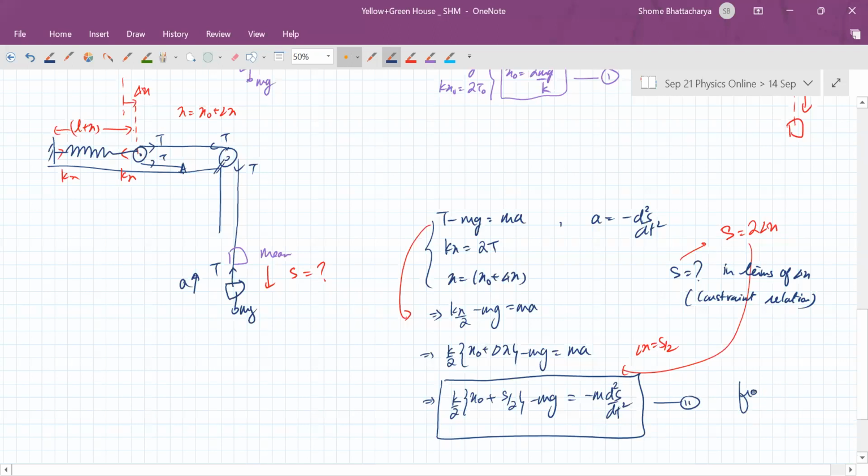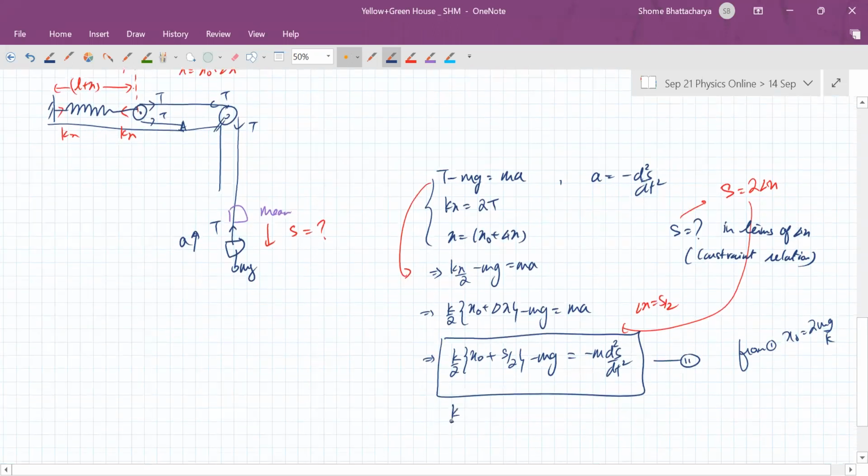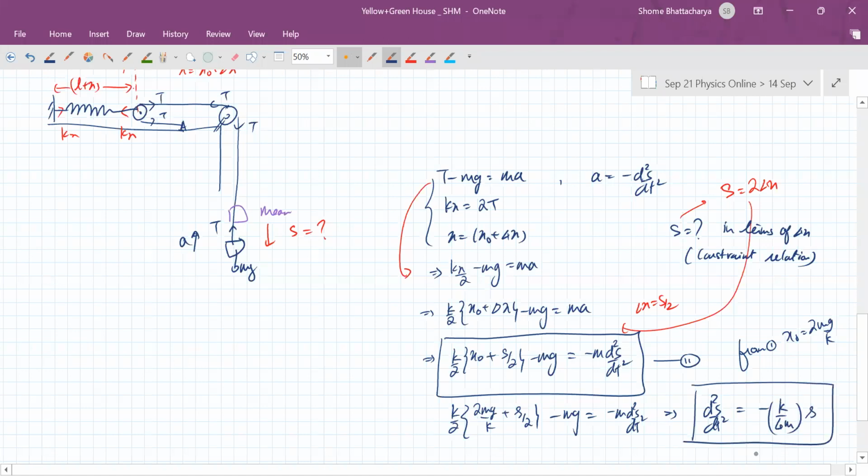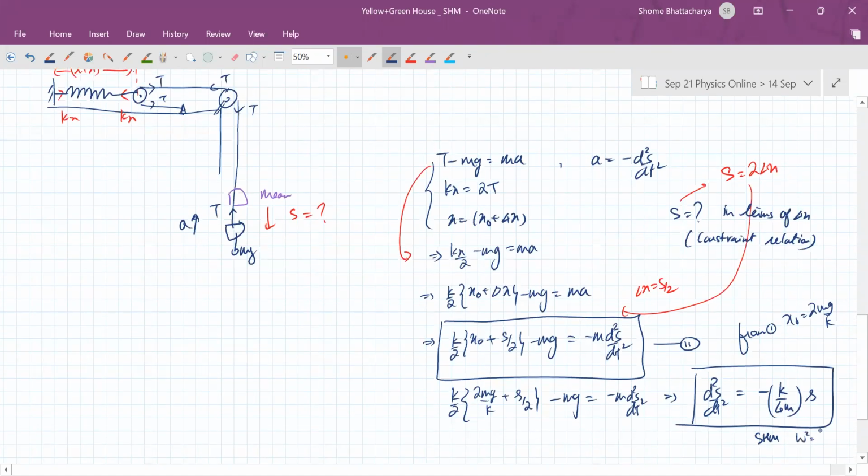Now from equation 1, when I substitute, this equation will now become d2s by dt square is minus k by 4m s. This is the SHM equation. This is SHM with omega square is equal to k by 4m.